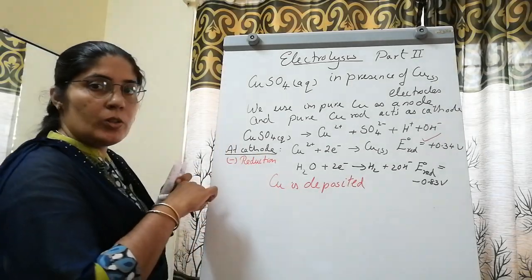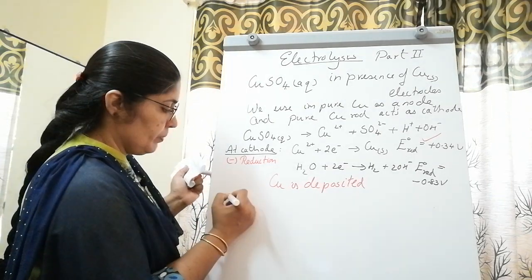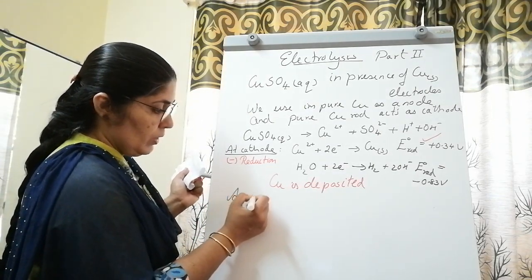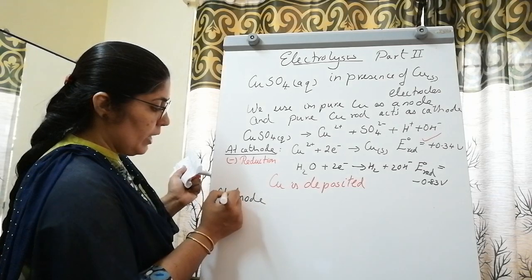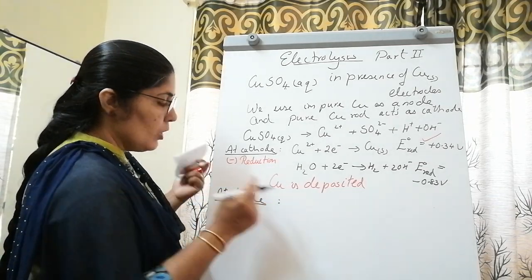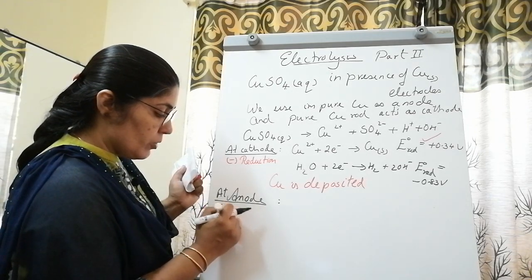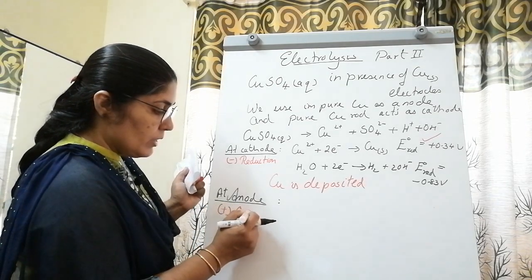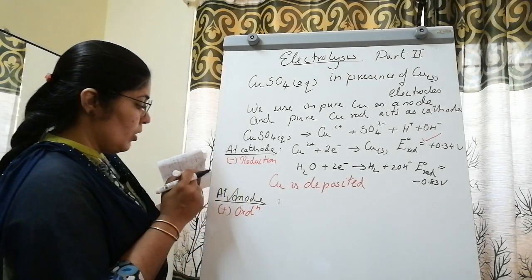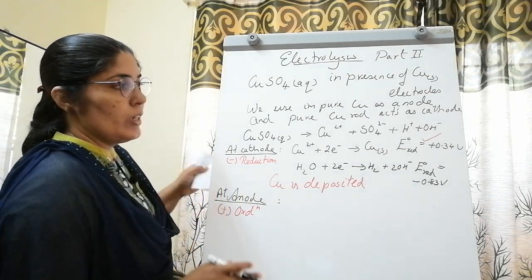Now let's move on to the anode. We are discussing what is going to take place at the anode. You already know that the anode is positively charged, and here oxidation has to take place.